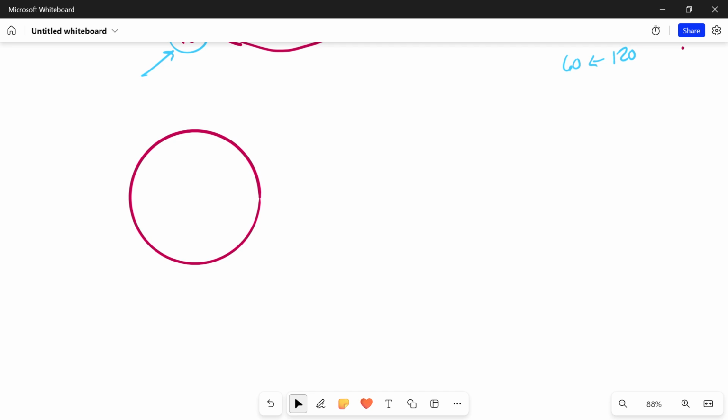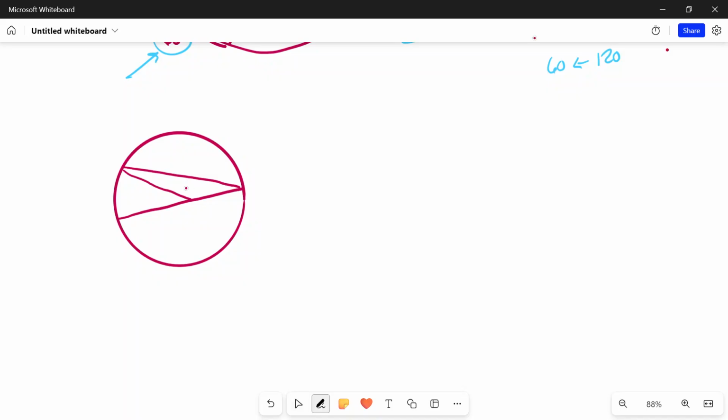Isn't that lovely? All right, so say we've got that, and I'm going to have this line that's going to go across it there. And I've got this line that's going to come into it right there, and then we're going to have this line over here. And I'm going to tell you that this is 150 degrees.